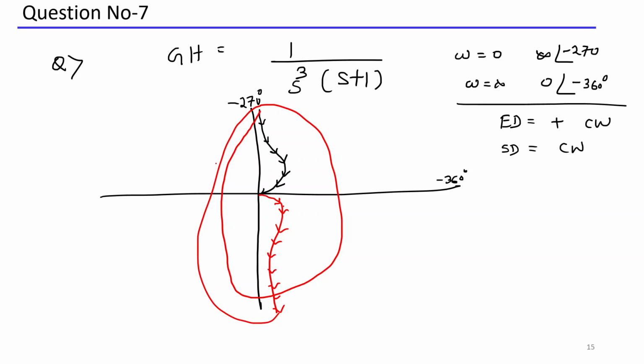Like that, you just connect the starting point to the end point and the end point to the starting point. You always have to move in the clockwise direction because a Nyquist plot is always a clockwise plot. Remember, these infinite radius half circles are always clockwise.